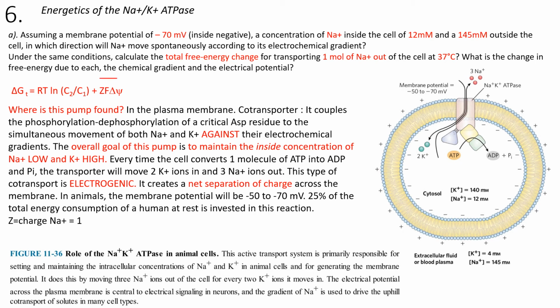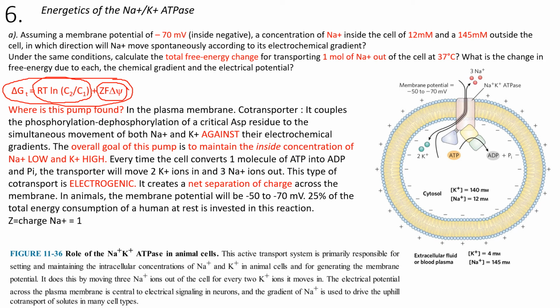So you're going to be using this equation here. Okay, so this value here is the chemical, and this is the electrical. Okay, that should be enough to help you answer that question.